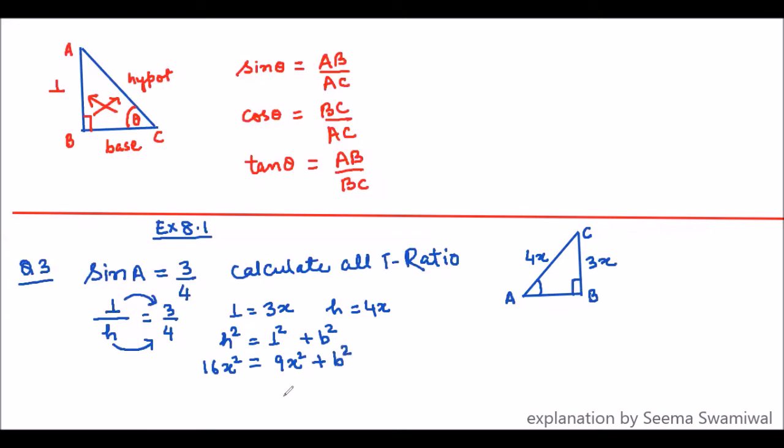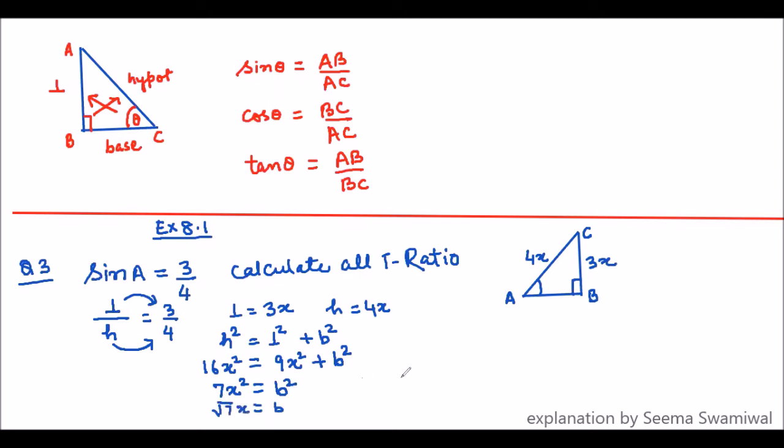That means base square will be equal to 7x square. Therefore, base is equal to square root 7x.